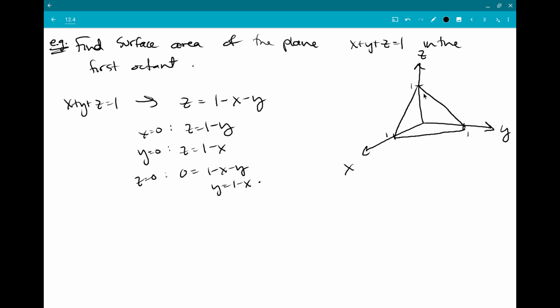Like that. All right, so this is my region of the plane that's bound in the first octant where y is positive, x is positive, and z is positive. And the way I determine this is by setting random variables equal to 0 until I had all my bounds.